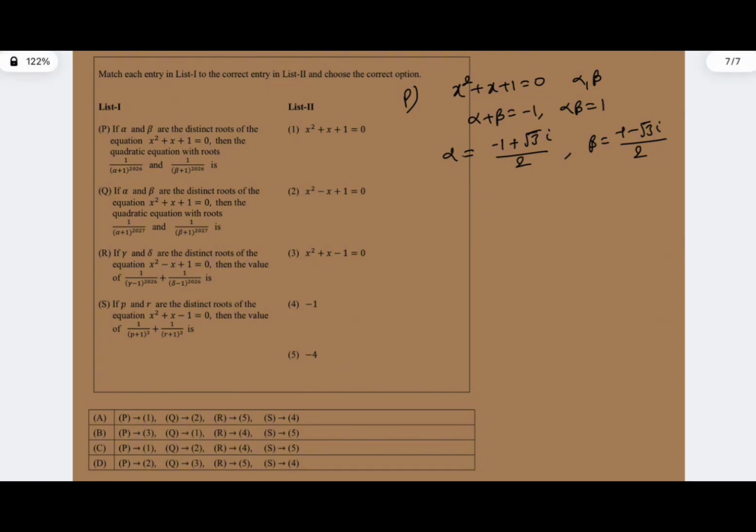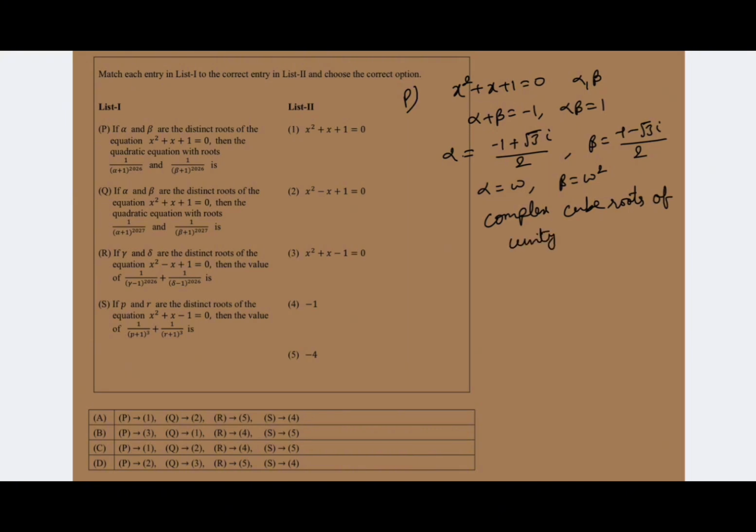And now we can think, we might have seen these values somewhere, right? Aren't these complex cube roots of unity? I think so. So we can assume that, let's say alpha is our omega and beta is our omega square, where omega and omega square are complex cube roots of unity.